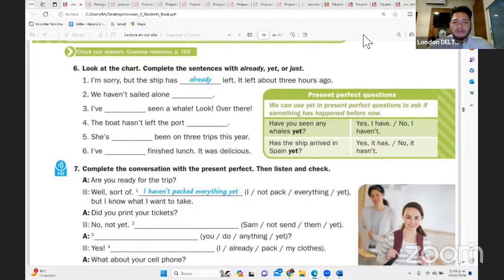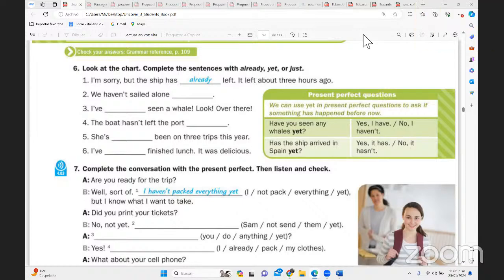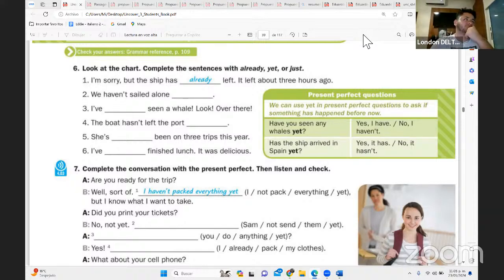Okay, I think we are still missing some of your partners to share. Gabriel, what is something very beautiful, amazing that you have done in your life? Well, I don't have an answer to that question now. Can you think about one, maybe? ¿Es algo interesante, algo divertido que hayas hecho?